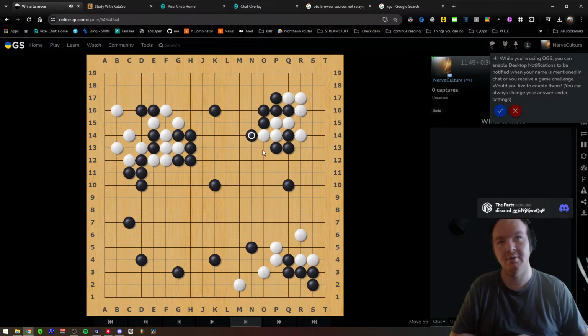Is ladder good? I don't think... Is ladder good? No, because you just connect right there. I don't think I can kill the pieces, but I think I'm establishing ground. Also a tiny little stream.